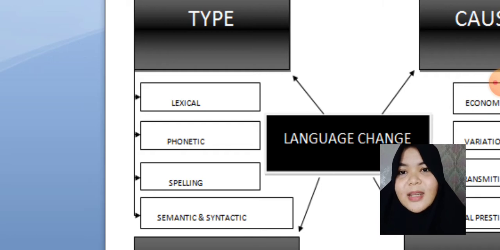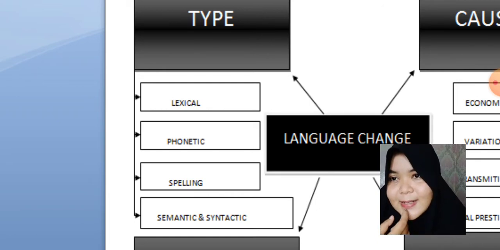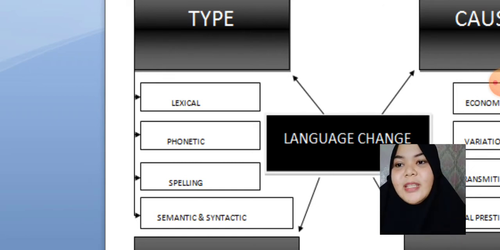So that is a lexical change. From an apron to apron, we eliminate the n sound because it becomes apron right now. That's the lexical change.